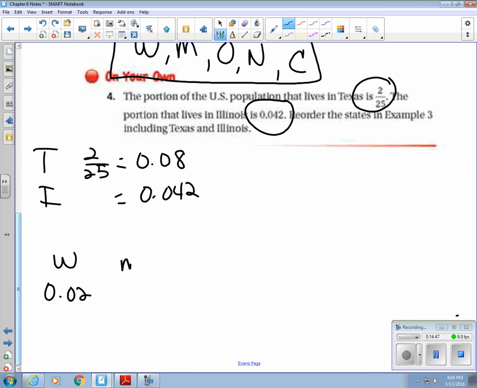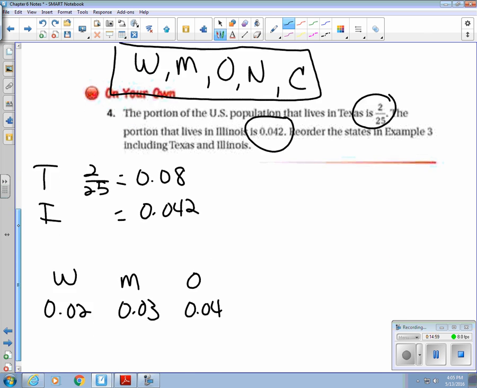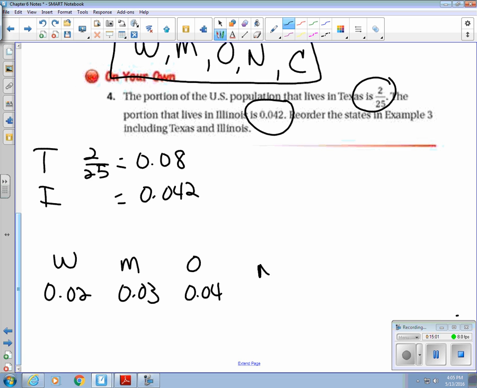Michigan was next with 0.03. Ohio was next with 0.04. Then I think New York was 0.06, and California was 0.12.